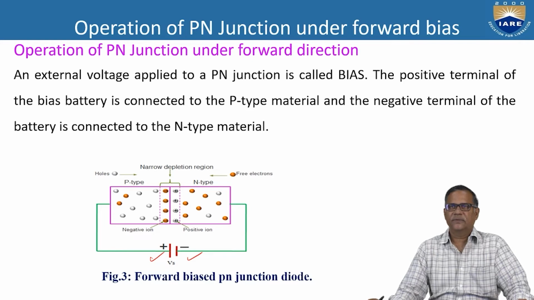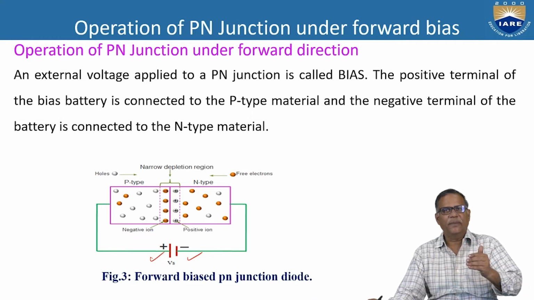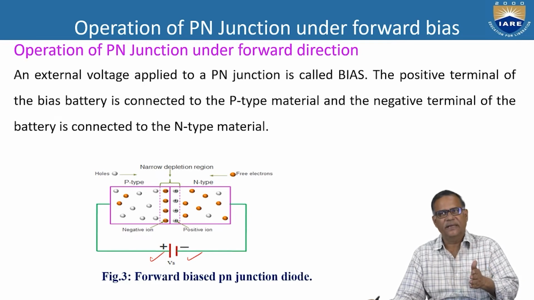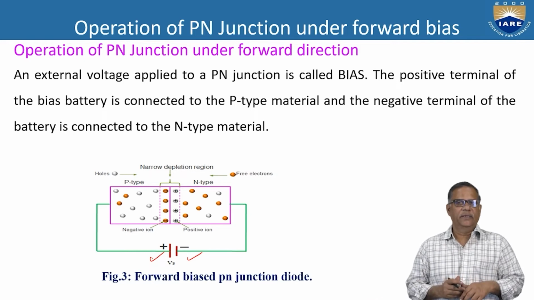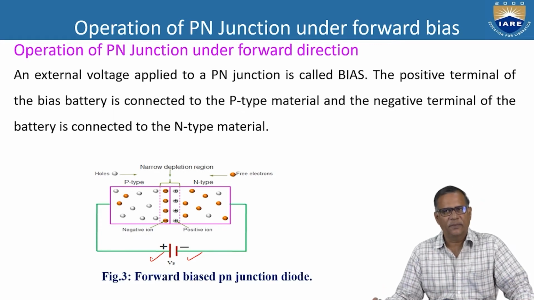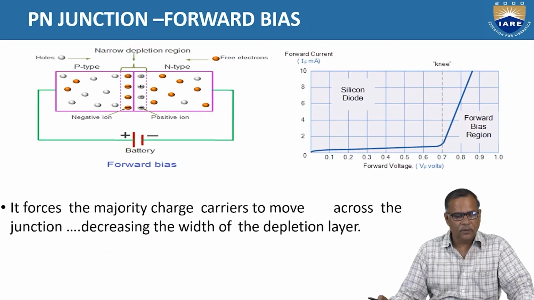The external voltage applied to the PN junction is called the bias. The positive terminal of the battery or external power supply is connected to the P side or the anode terminal, and the negative terminal of the battery is connected to the cathode side or the N-type material. So this is the forward biasing of the PN junction diode.